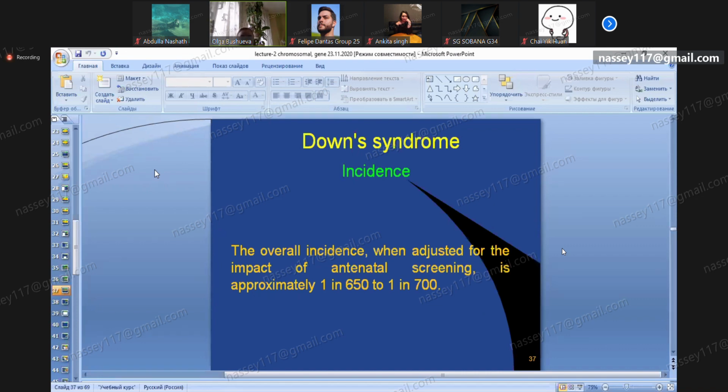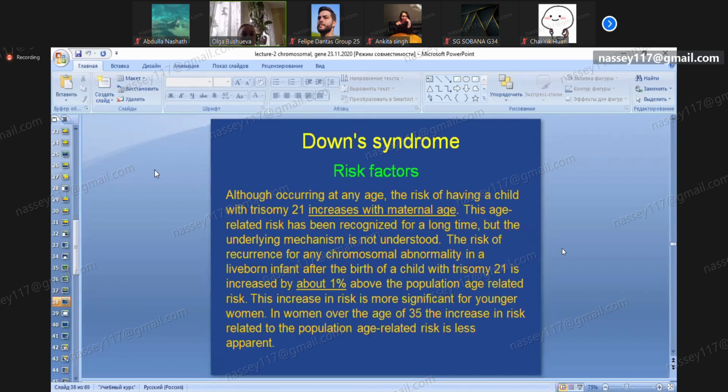Incidence of Down syndrome. The overall incidence, when adjusted for the impact of prenatal screening, is approximately 1 in 650 or 1 in 700. Although occurring at any age, the risk of having a child with trisomy 21 increases with maternal age. This age-related risk has been recognized for a long time, but the underlying mechanism is not understood.